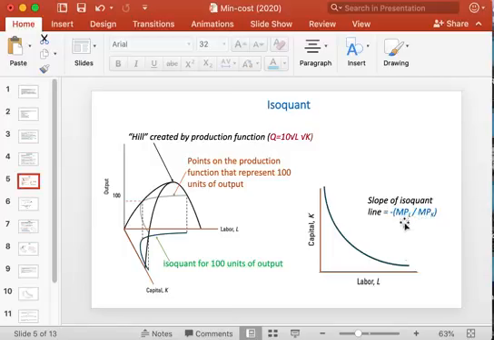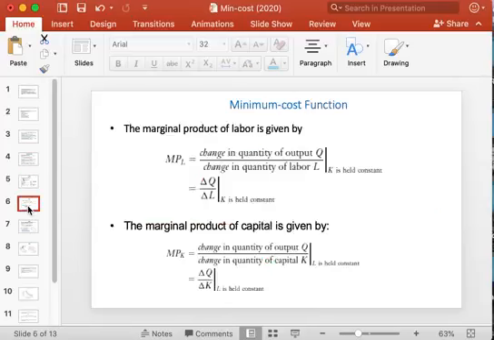So what is the marginal product of labor and capital? It is given here. The marginal product of labor is the change in quantity of output divided by the change in quantity of labor, keeping the input capital K constant.